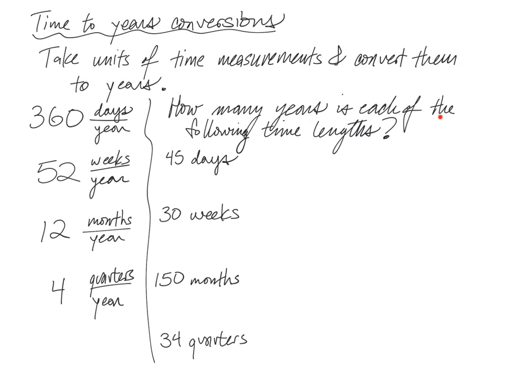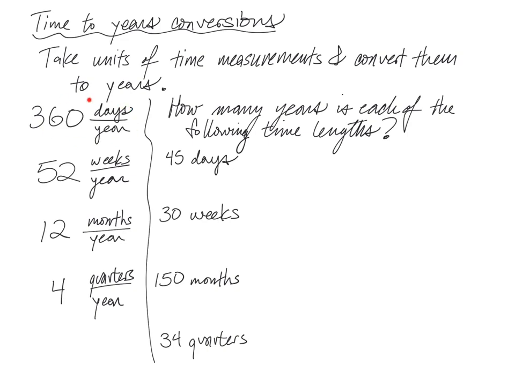How many years is each of the following time lengths? So here you can see again, we have these different time lengths. We have 45 days, we have 30 weeks, we've got 150 months, and 34 quarters. So how do you figure out how many years is 45 days? Well, we just have to find the unit over here that uses days.